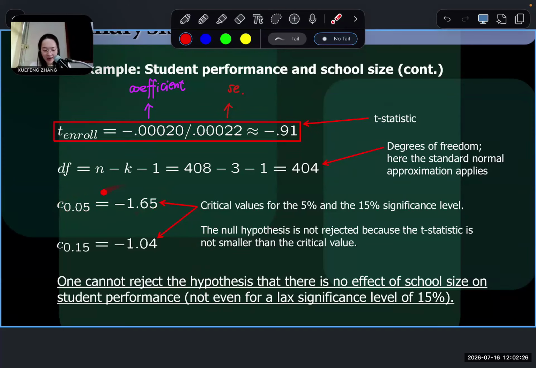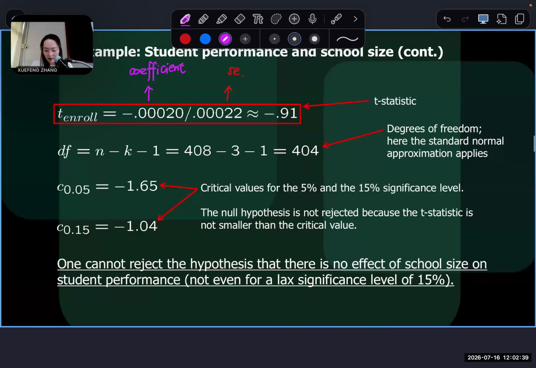Okay, first, we cannot reject it at 5%, okay? We even cannot reject it at 15%. Basically, we don't use 15%. The percentages that we use are 1%, 5%, or 10%.